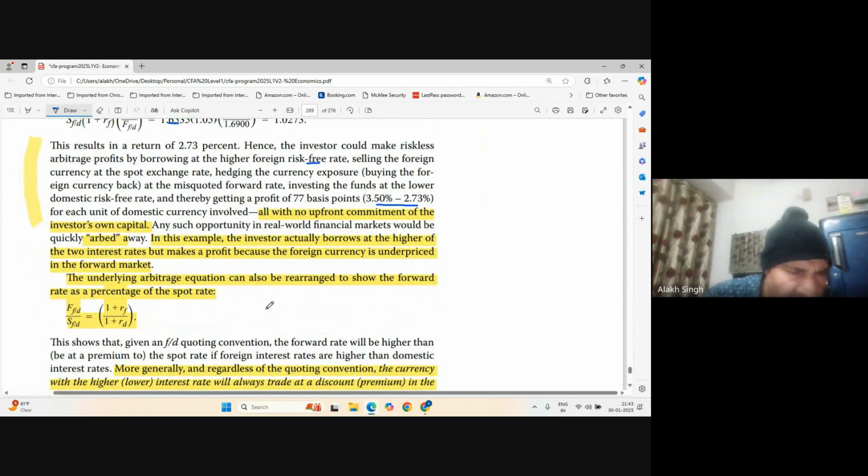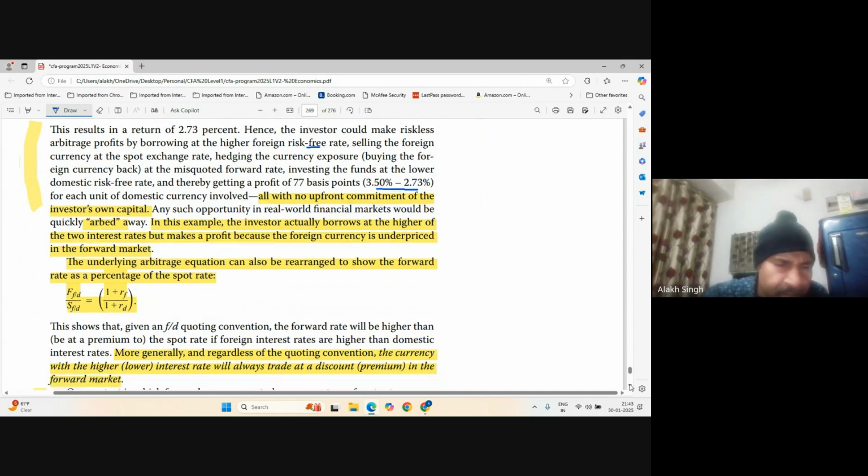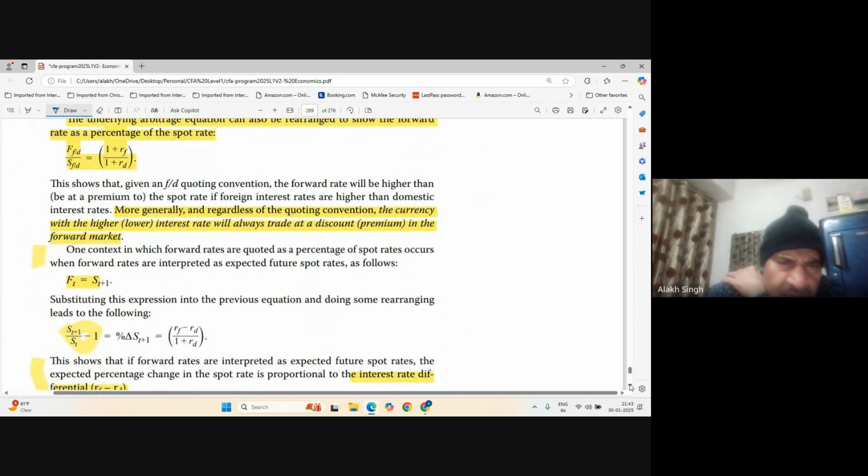So the final conclusion is that F by D is equal to S times F by D, since D is the bottom, so it will be (1 + rf) by (1 + rd). So the underlying arbitrage equation is the same thing that we had calculated, the arbitrage-free equation.